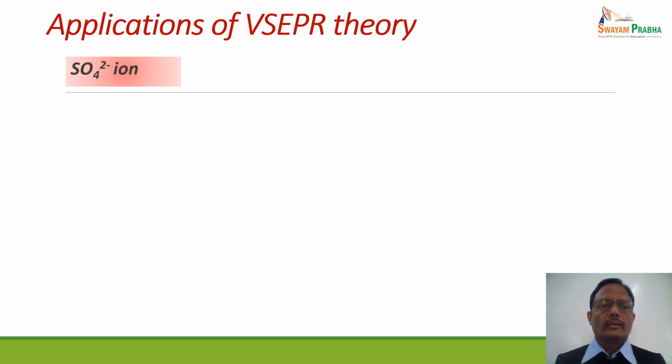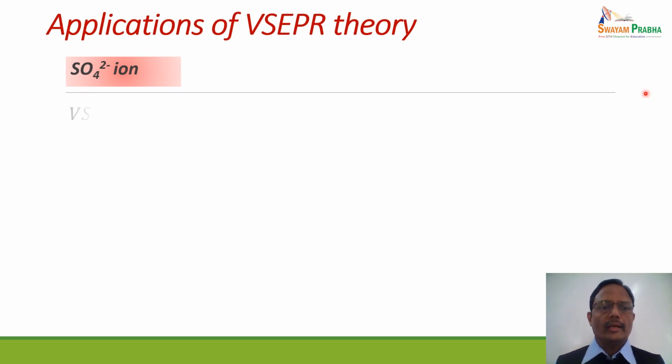This is another very common ion in inorganic chemistry, the sulfate ion, SO4 with 2 negative charges. So it is an anionic species, but in this case all the 4 substituents are divalent, so there is no monovalent substituent.